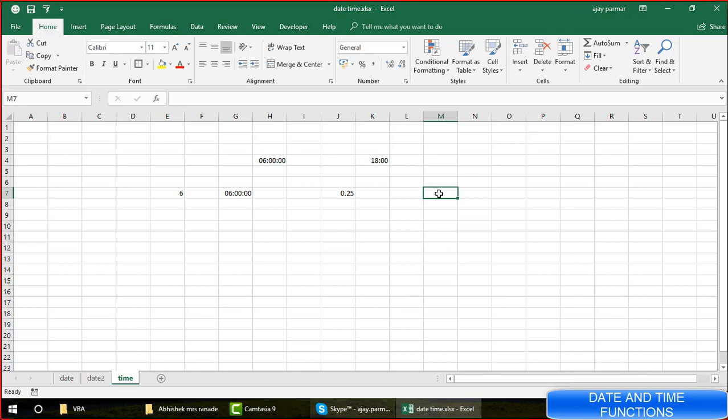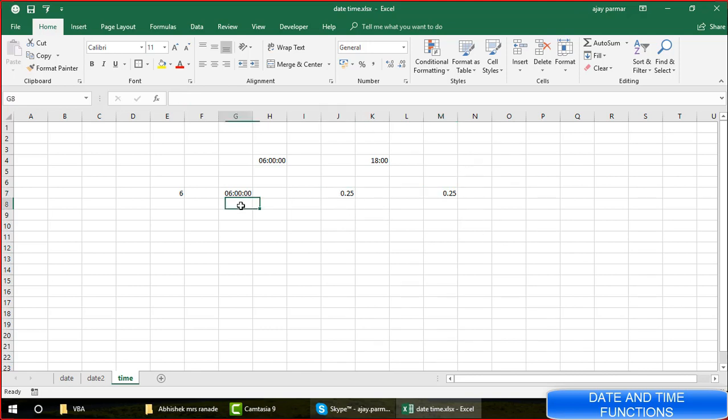So the contribution of 6 a.m. is simply 6 by 24. That's how you can check the proportion. So 6 by 24 makes 25% of the day. When you sleep at midnight 12 and you wake up at 6, you have covered 25% of the day. So this 0.25 is coming due to this.